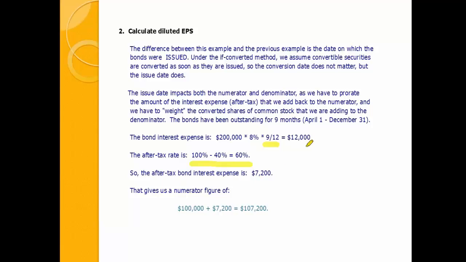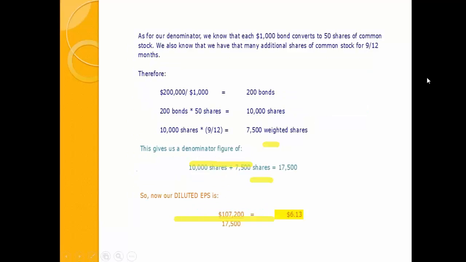So 60% times $12,000 is $7,200. Therefore, we add that to the $100,000 and we get $107,200. And then we go to the next slide, which is actually the piece that we were looking at earlier, which has the denominator. We are looking at these 10,000 shares not for the complete year, but only for that 9-month period.